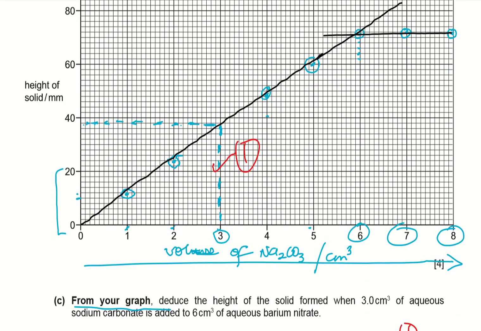So usually in a rate experiment, when your graph goes like that and levels out, that tells you that at the point where it begins to level out, either of the reagents has been used up. So addition of the other one will not make the reaction progress until the two reagents required for the reaction are available. The reaction will not progress.